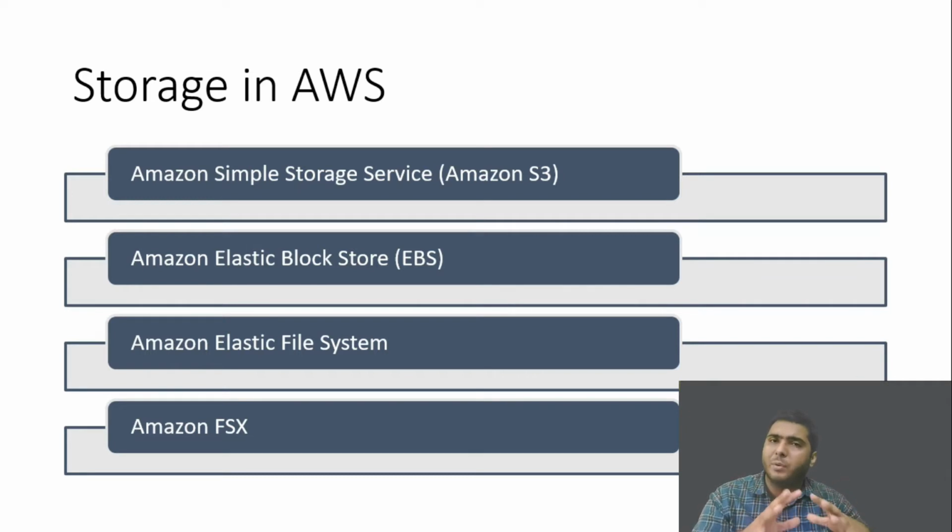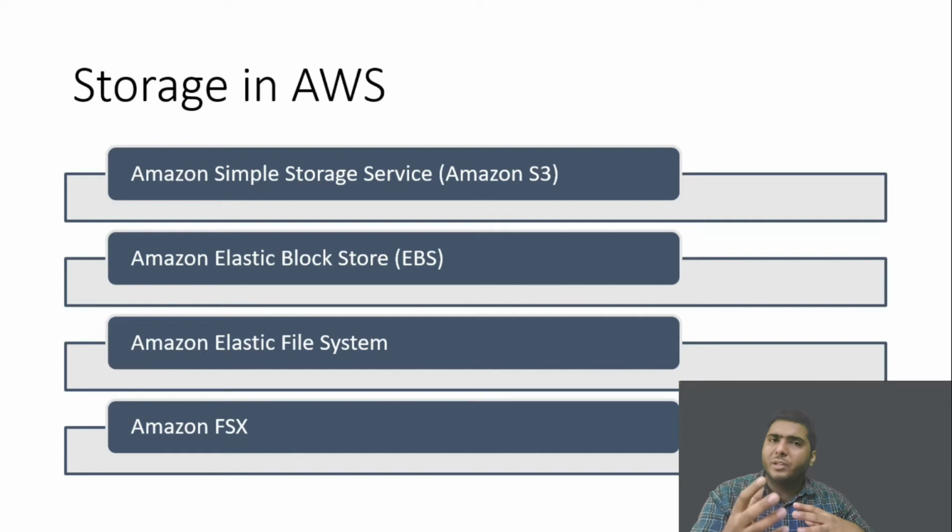You can store any type of data, because whatever you store in an AWS S3 bucket is considered an object. You can upload a JPG file, PDF file, MP4 file, even a movie. Anything you can store on S3 storage.